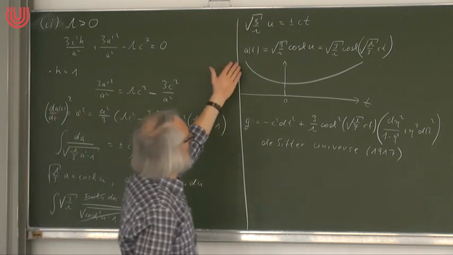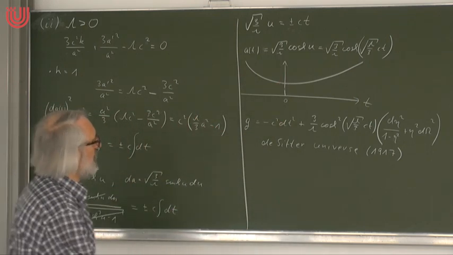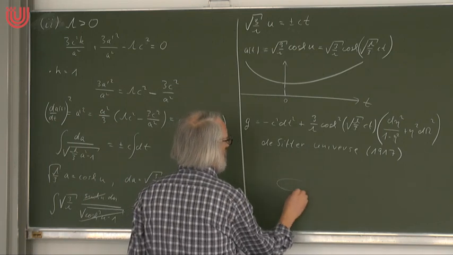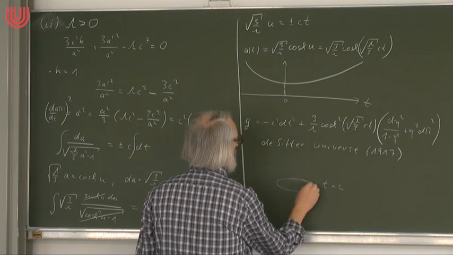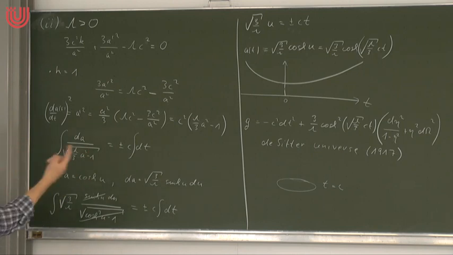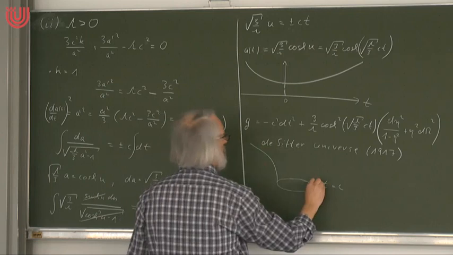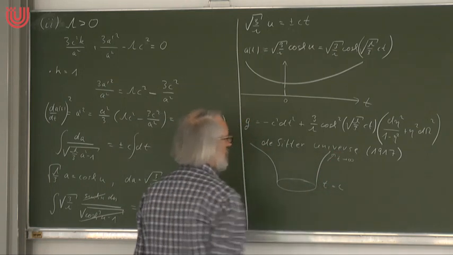I've already told it. It's contracting and then re-expanding. So you may represent it in the following way. At a certain time, t equals 0, it has its minimum radius. That's a three-sphere, what I've drawn there. Then in the course of time, it expands, up to t to infinity.